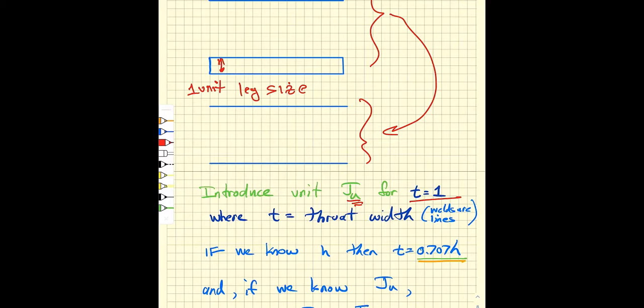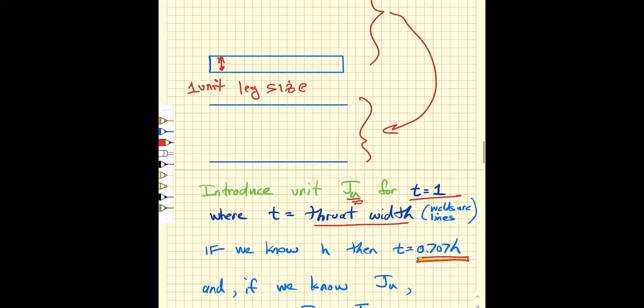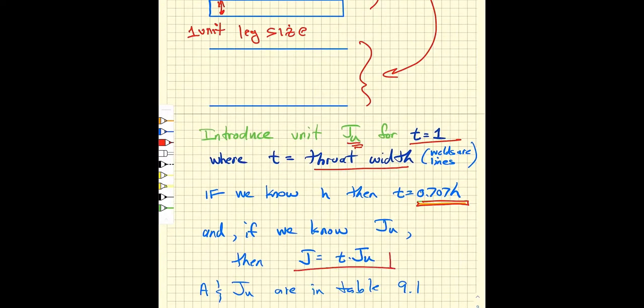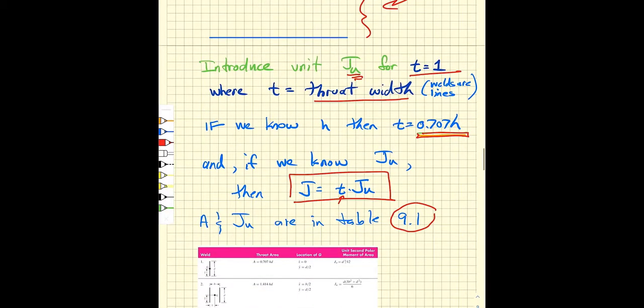And if we know the true throat width is actually 0.707 times h, we simply multiply the unit polar moment of inertia by the true throat width, and that gives us the actual polar moment of inertia for the particular weld group. And so we are lucky in that Table 9.1 in the Shigley textbook lists weld areas and unit polar moments of inertia for various weld patterns.